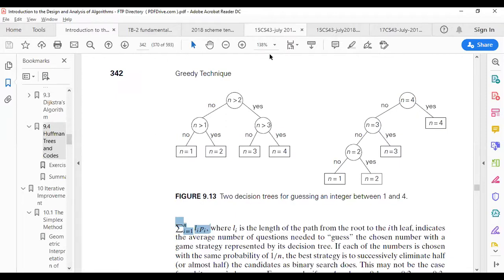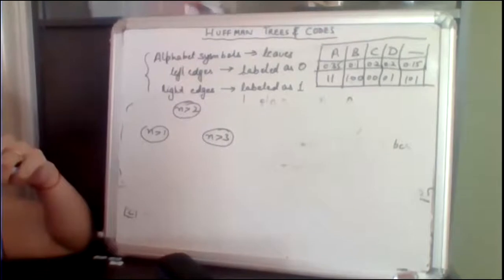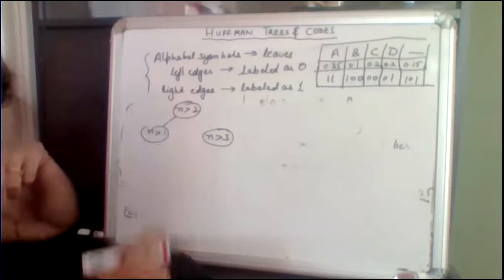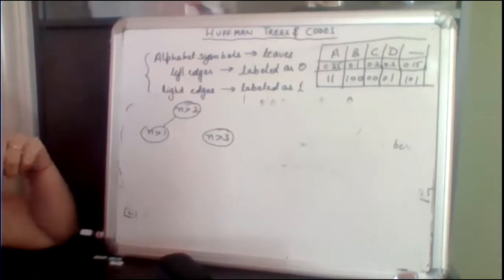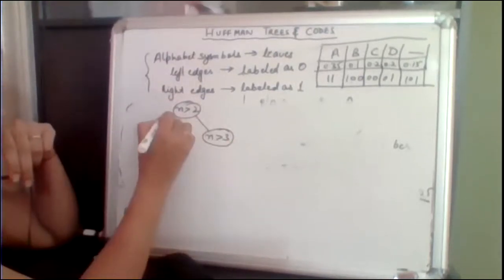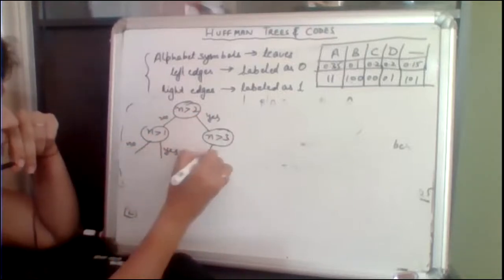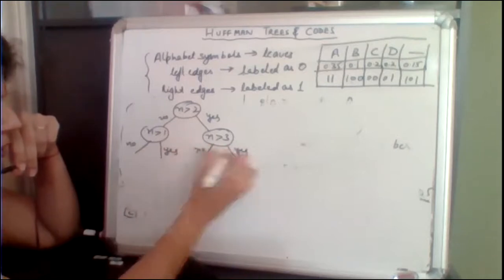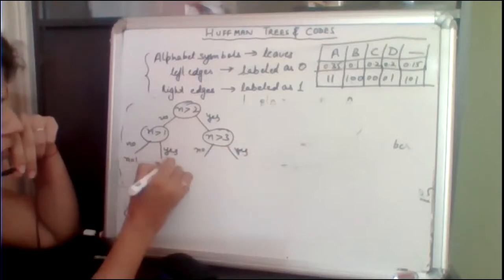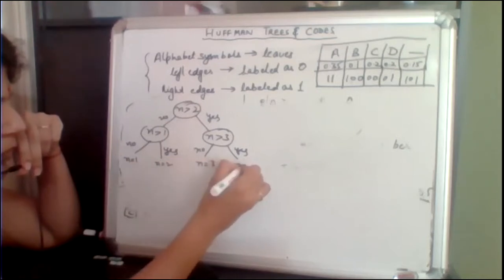If we have n greater than 2, then n greater than 1 and n greater than 3. Let me move back to the board. So this was there. This is no, this is yes, no, yes, no. And this is n equal to 1, n equal to 2, n equal to 3, and n equal to 4.